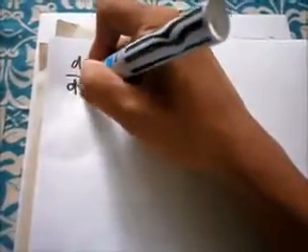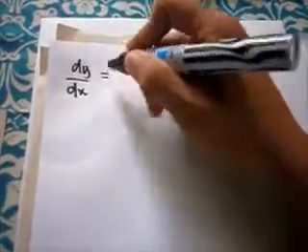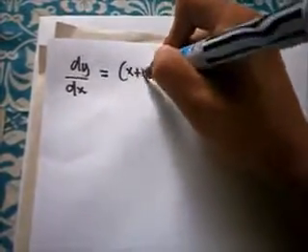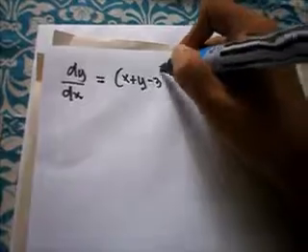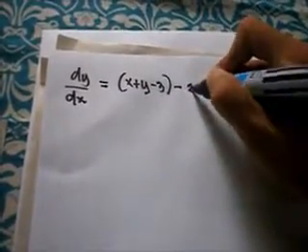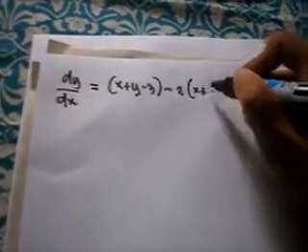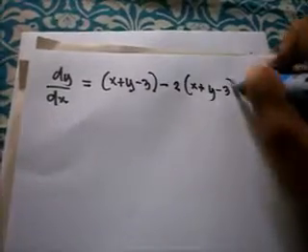Okay, so let's solve another example in solving first order differential equations. We have this equation: dy/dx is equal to x plus y minus 3 minus 2 times x plus y minus 3.